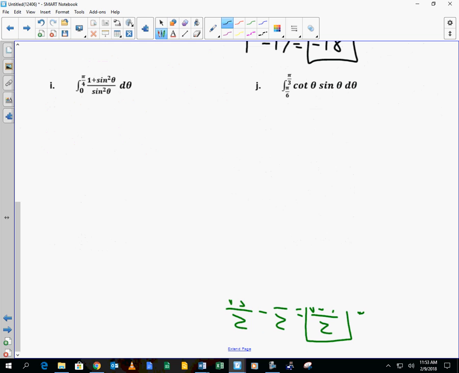Okay, letter I. We're going to look at this integral. Is 1 plus sine squared anything special? It is not. So we're going to show you a trick.